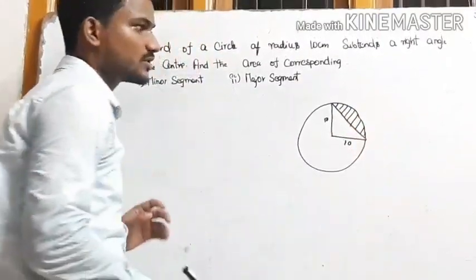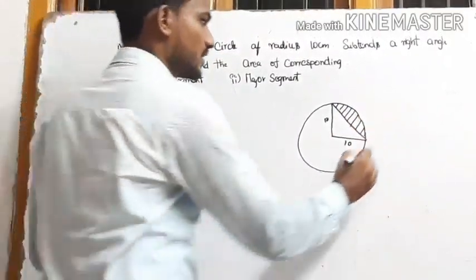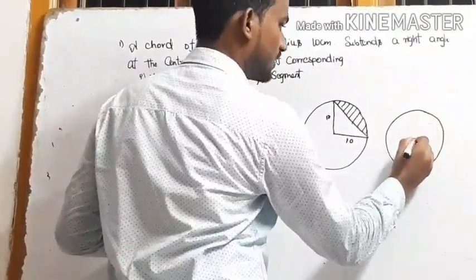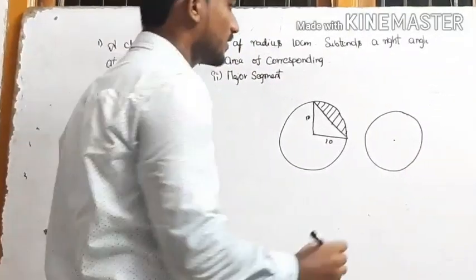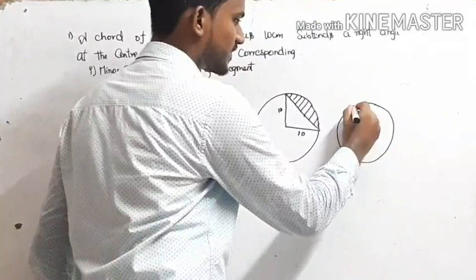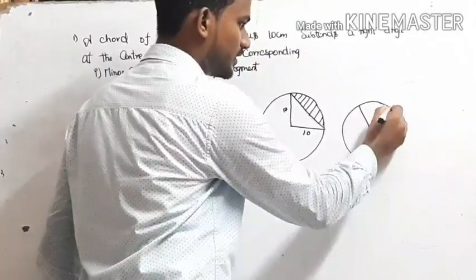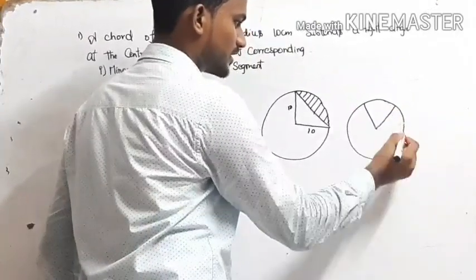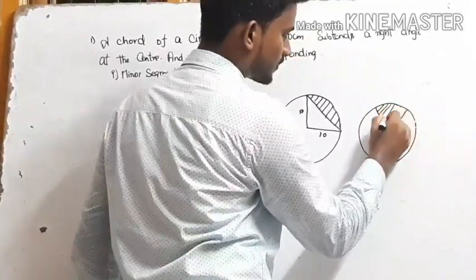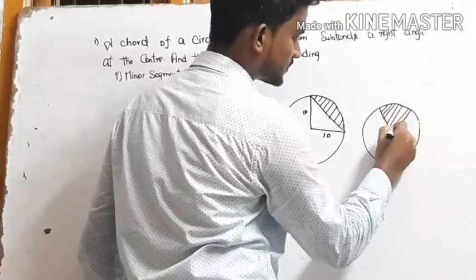First we can discuss the segment. Segment means, if the circle is like this, and it is the center, the line segment is taken from any point like this. The inner length is this one.